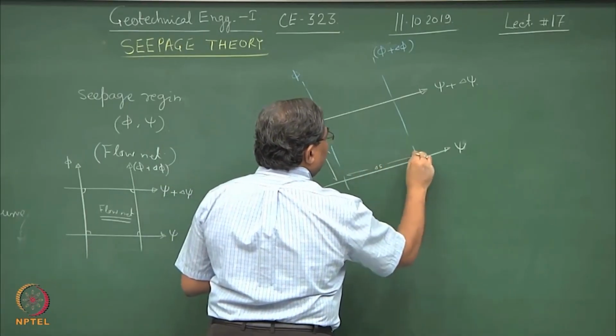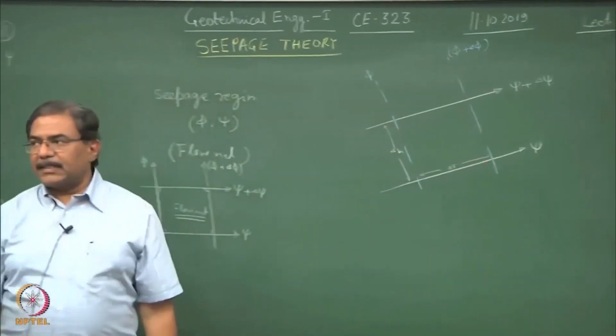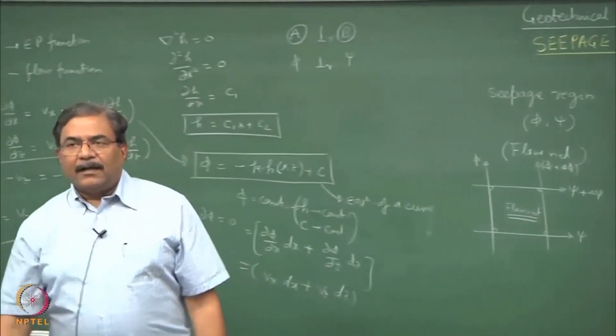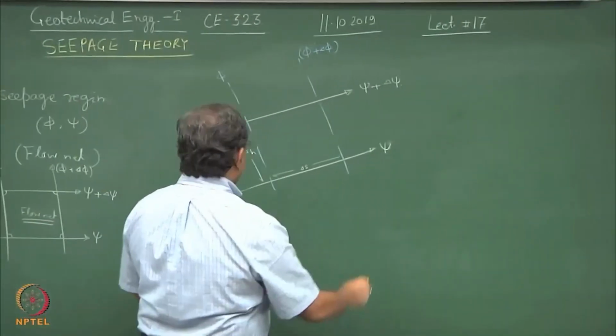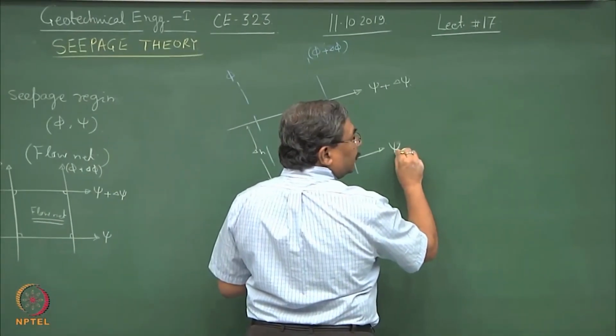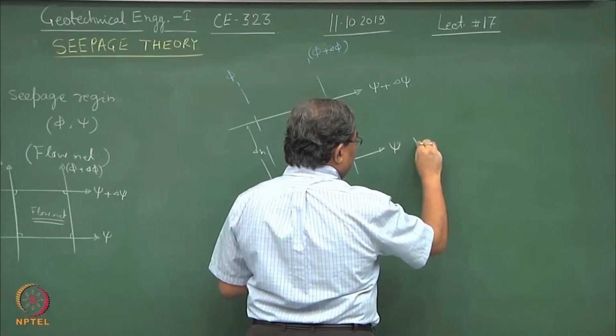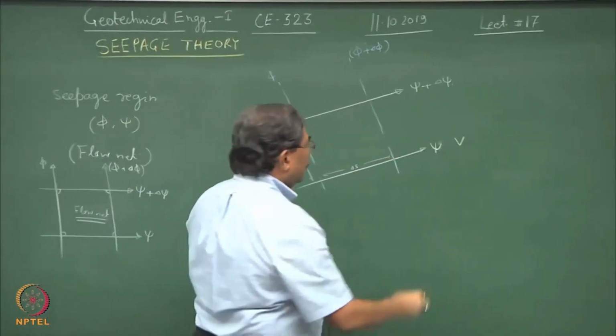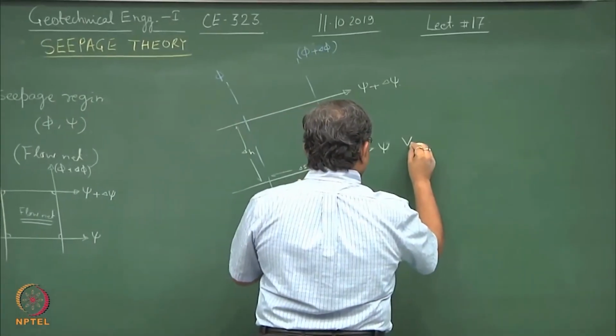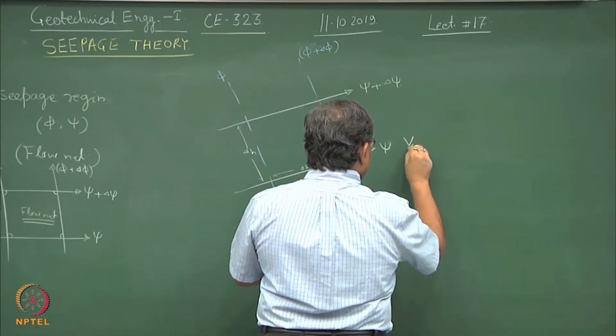So, there is a specific reason for assuming this as delta s and delta n. This is the direction of the flow. So, that means the discharge velocity is in the s direction.